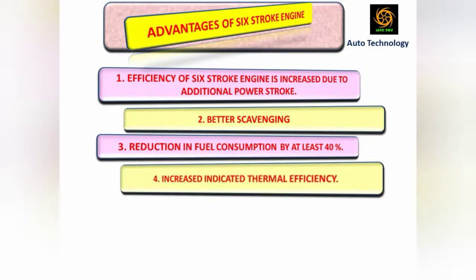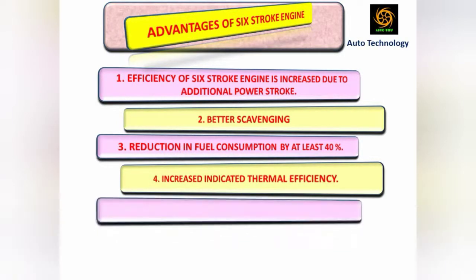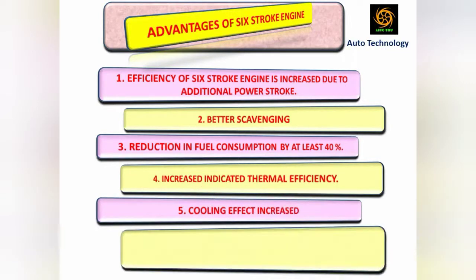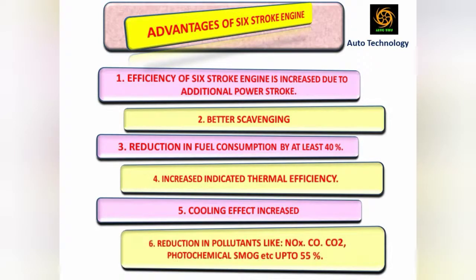Fourth is increased indicated thermal efficiency. Fifth is increased cooling effect. Sixth is reduction in pollutants like NOx, carbon monoxide, carbon dioxide, photochemical smoke, etc. up to 55%. Due to these advantages, the 6-stroke engine is better than the conventional 4-stroke engine.